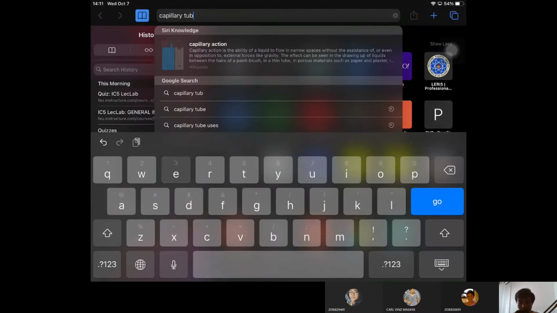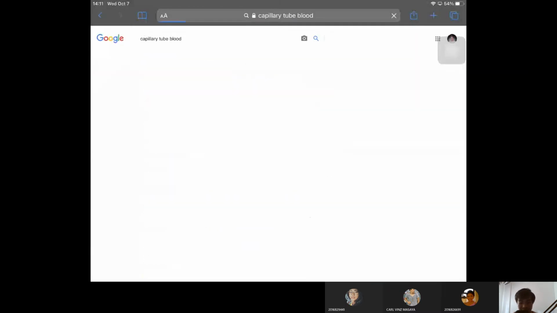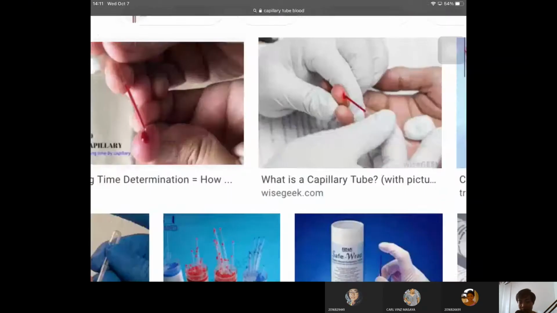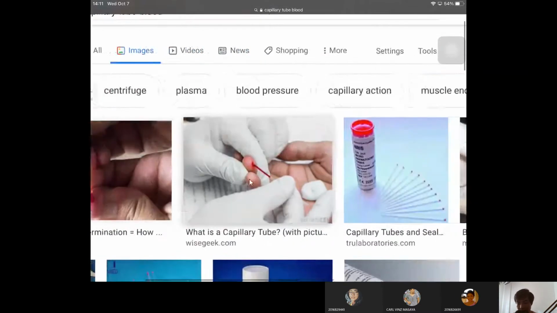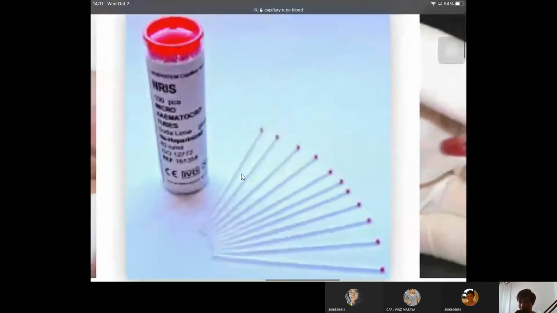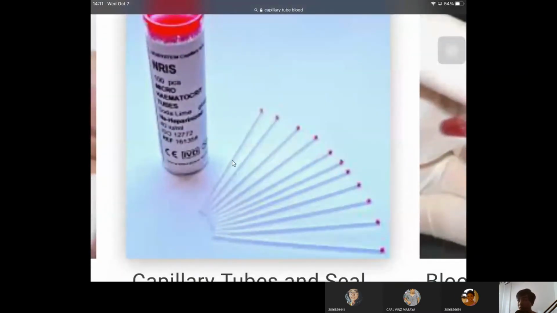Capillary tube, blood. So, kapag nasa hospital kayo, may makikita kayong mga ganitong eksena, no? So, yan. So, ito yung blood. Yung manipis na tube na yan, that's capillary tube, no? So, ito yung itsura ng tube na yan. Ano ginagawa dyan? That is used to collect blood, no? So, gagawin dyan, yung tube, ididikit mo lang sa finger na may dugo.